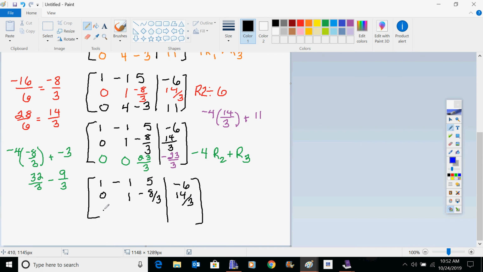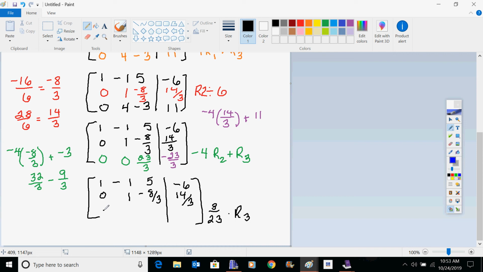If I want to make this into a 1, I need to multiply it by how much? If this is 23 thirds, I multiply that by what to make a 1? Just 3 over 23. So we're going to take 3 over 23 times row 3. 3 over 23 times 3?